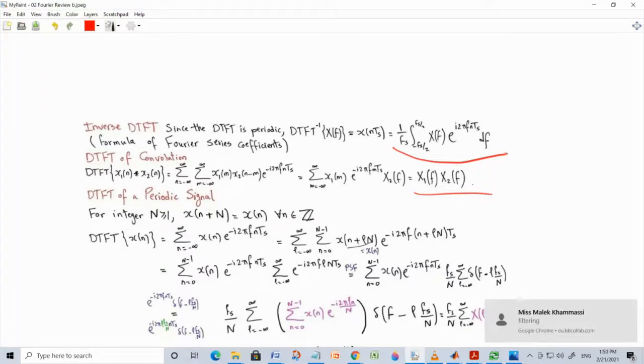Filtering. For linear time invariant systems, once you define what a linear time invariant system is, you discover that the output is the convolution of the input with the so-called impulse response.